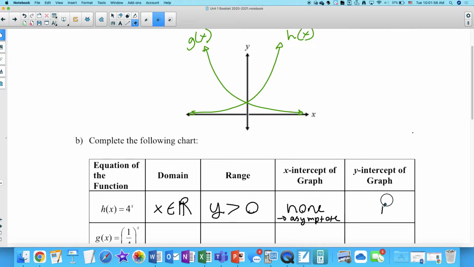And remember that the y-intercept is when x equals 0. So if x equals 0, we're putting a 0 into our exponent position. That means the value is going to be 1. Okay, what about g of x? What's the domain for g of x?